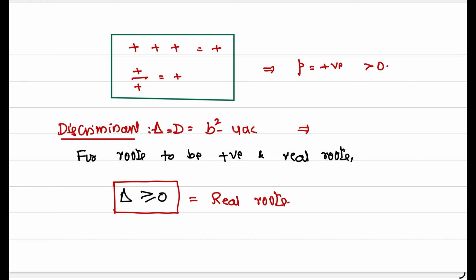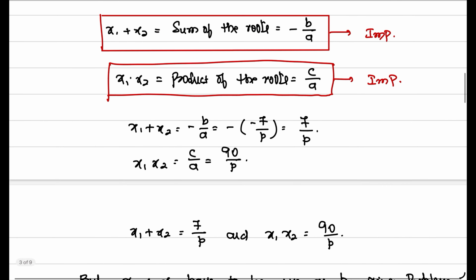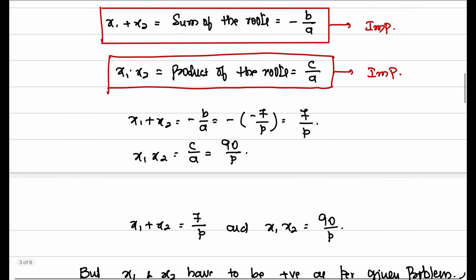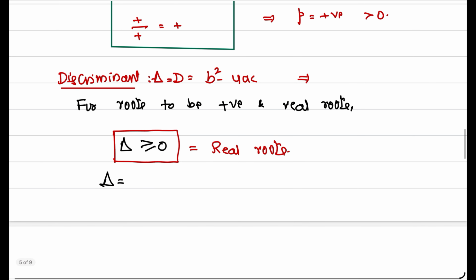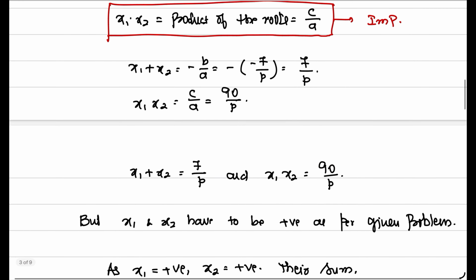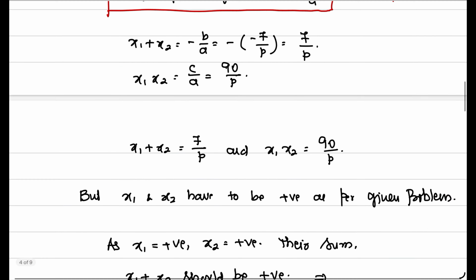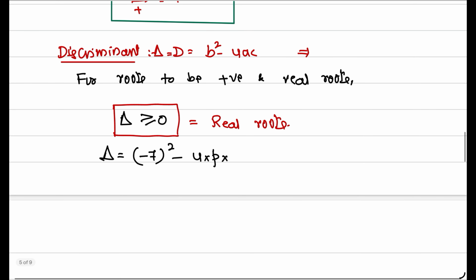Here, what is the value of delta? Delta is equal to b square minus 4ac. What is the value of b? b is equal to minus 7. Minus 7 whole square, that is b square, minus 4 into a, which is p, into c, which is 90, should be greater than or equal to 0.